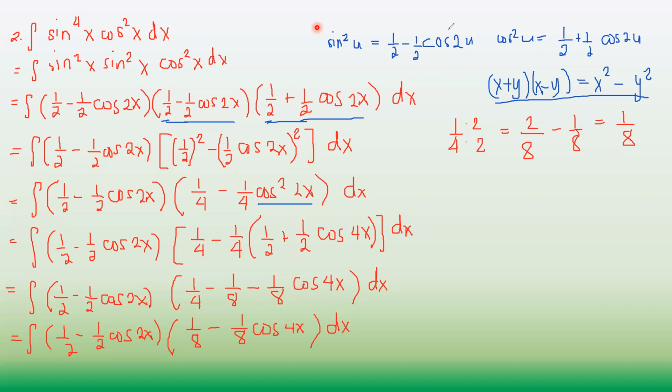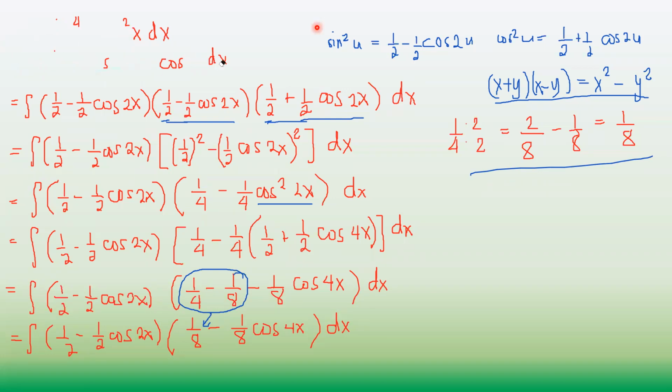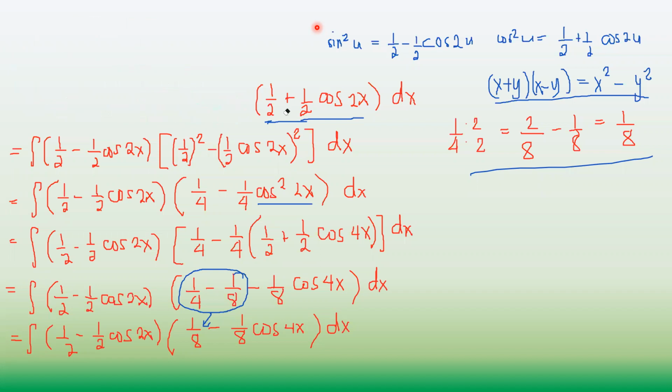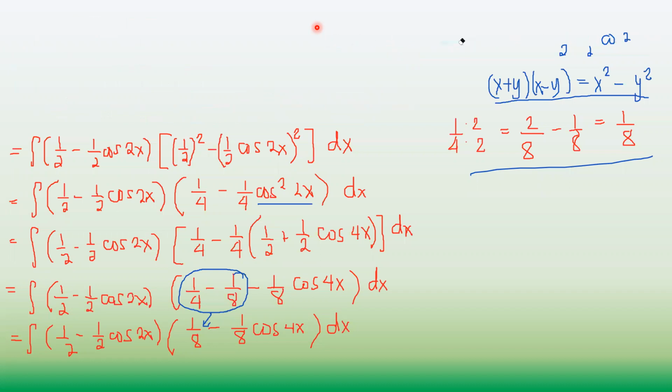Okay, so ito yung ginawa. 1/4 minus 1/8 ay 1/8, using this property. Then minus 1/8 cosine 4x. And we're going to multiply na. Okay, erase ko muna yung taas. So medyo mahaba yung solution, kaya sabi ko kanina, kayo bahala. Pag nagdiretso ka multiplication dyan using FOIL method, ang kalabasan mo ay case number 2, yung add power naman.